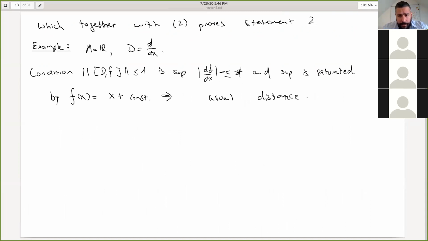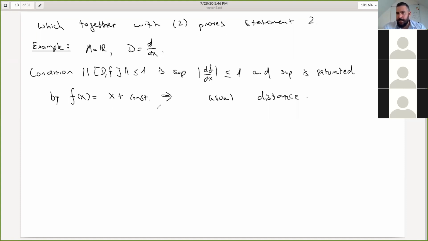So what is interesting, for example, let's take a Riemannian manifold. The real line is a Riemannian manifold, right? Very easy, trivial. So you take the operator d/dx, and then you say, okay, this condition is equal to the condition that the supremum of df/dx is less than or equal to 1, and thus a function f(x) equal to x plus a constant fulfills that.